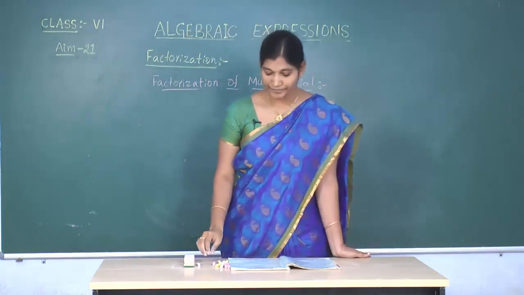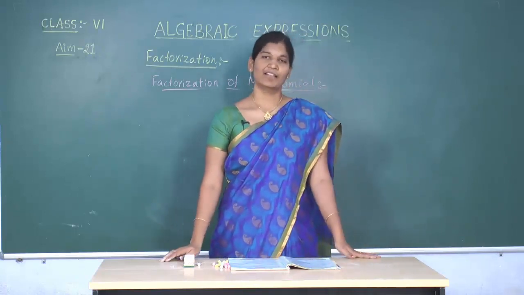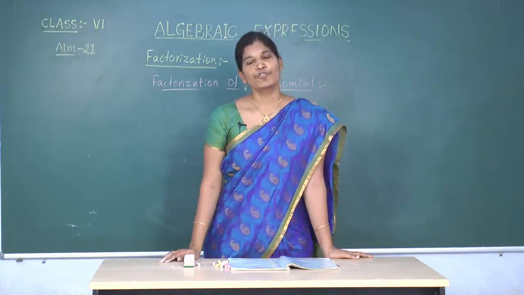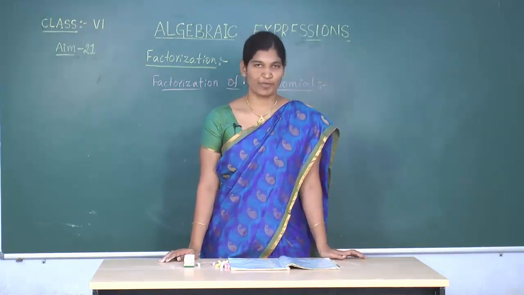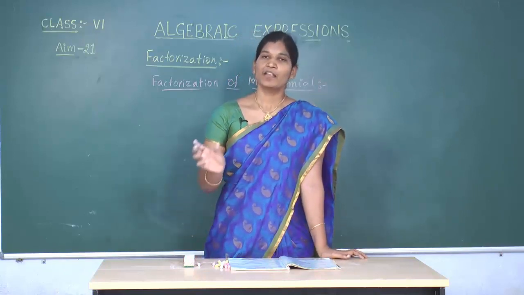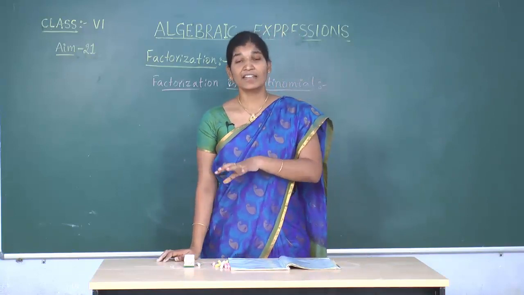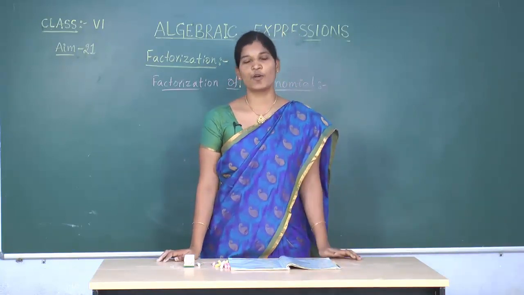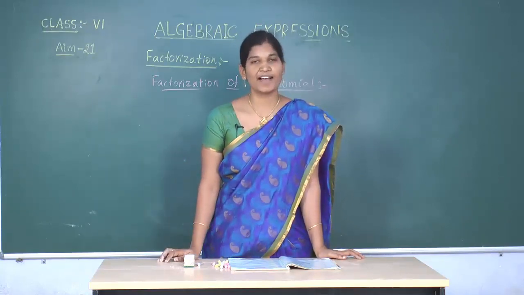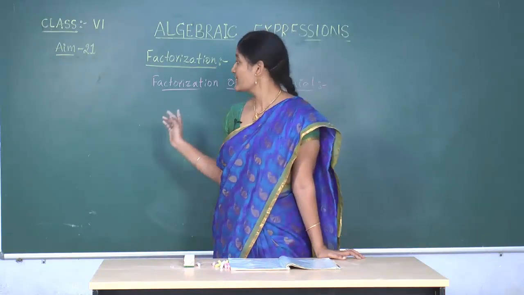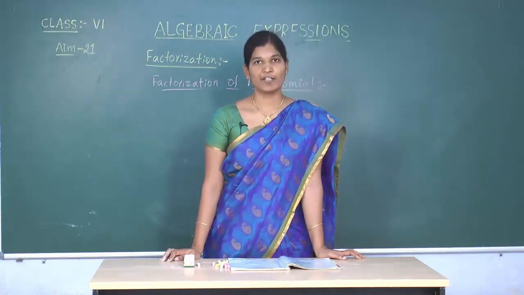In this method, if the multinomial can be written as a product of two or more algebraic expressions, and if you multiply those algebraic expressions, the result will be equal to the given multinomial, then we can say each of the algebraic expressions is said to be a factor of this multinomial. In this way, we can factorize the given multinomial.